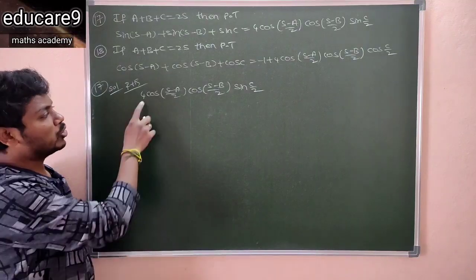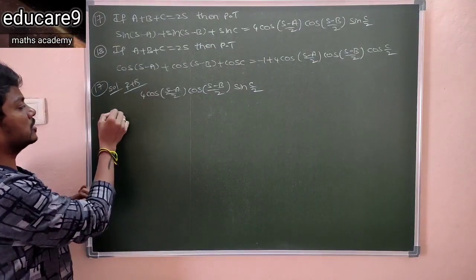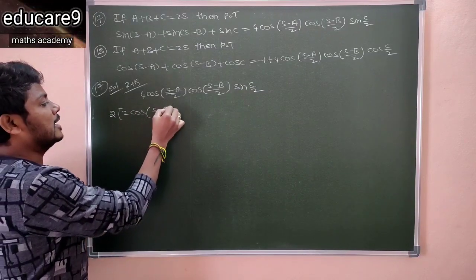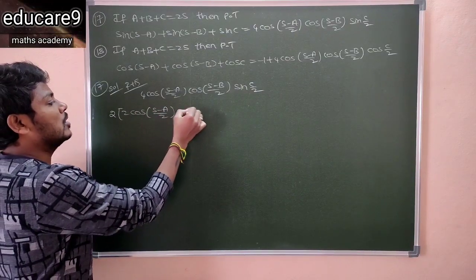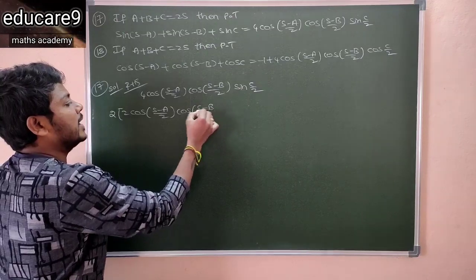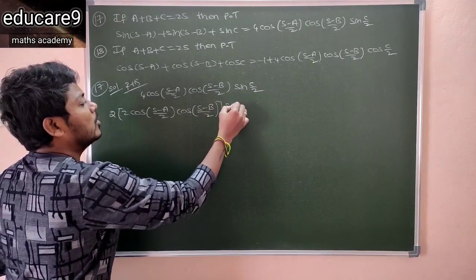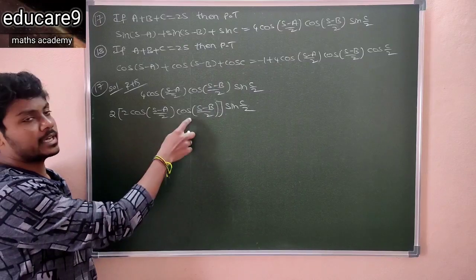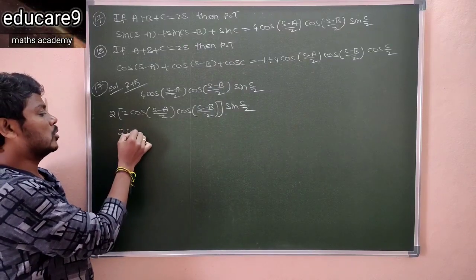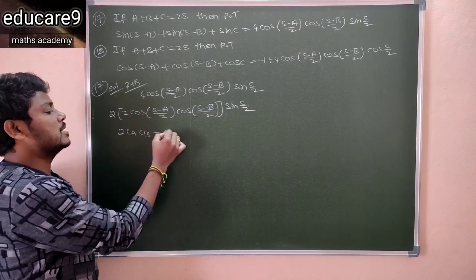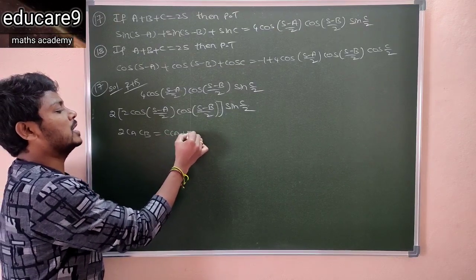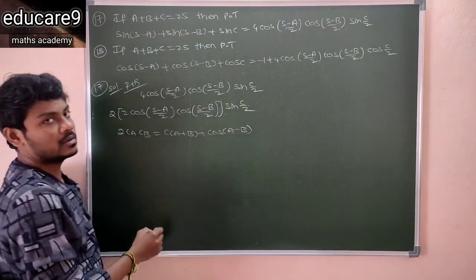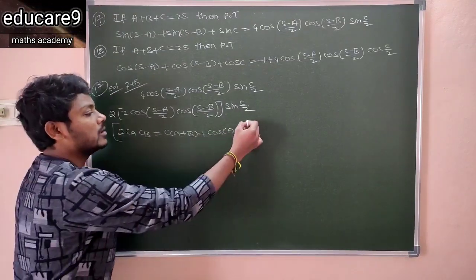Okay. So after this, 2 into 2. So this is 2 into 2 cos of S minus A by 2, cos of S minus B by 2, into sin C by 2. So you know the 2 cos A cos B formula. Here 2 cos A cos B is cos of A plus B plus cos of A minus B. So here we have to apply this formula.